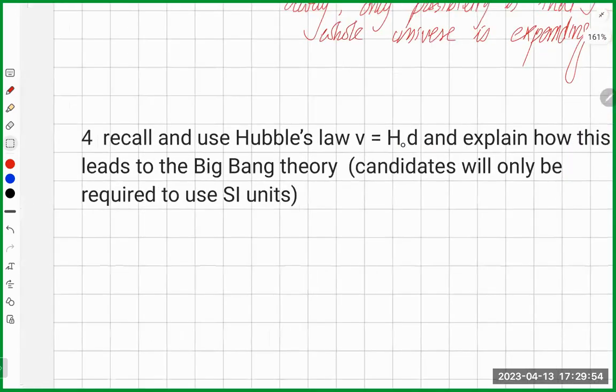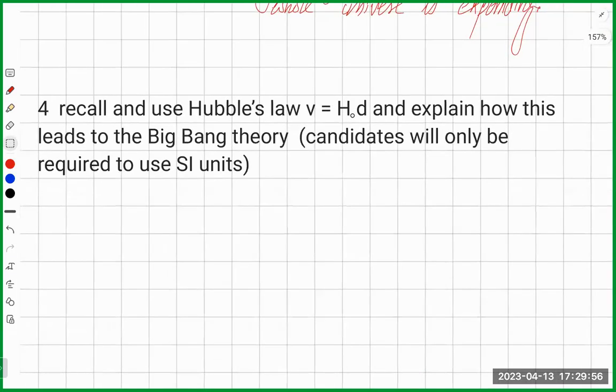Hubble's law is that the speed or rate of expansion is directly proportional to the observable distance.